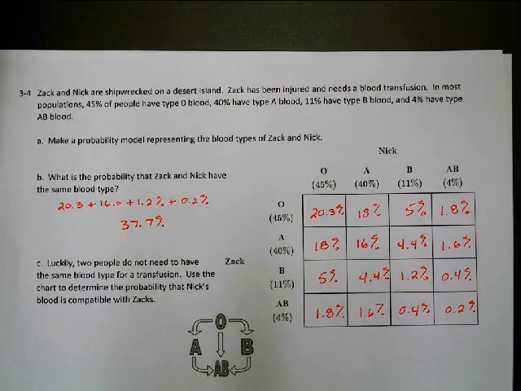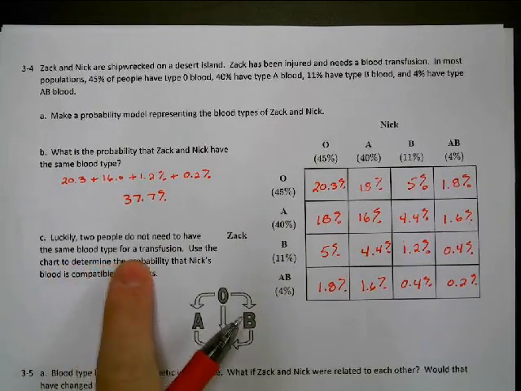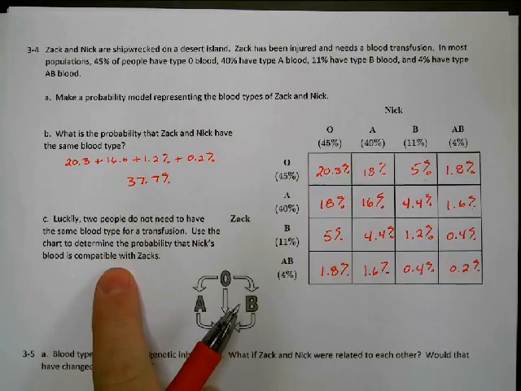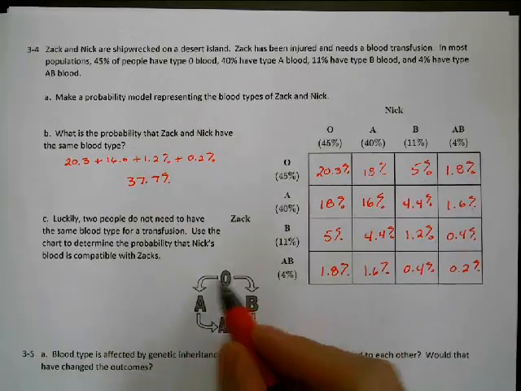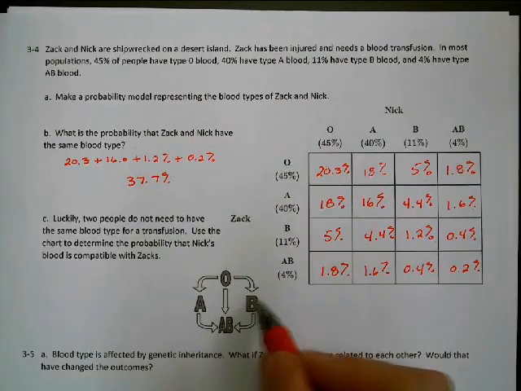Luckily, 2 people do not need to have the same blood type for a transfusion. The chart to determine the probability that Nick's blood is compatible with Zach's is right here. So O can be transfused into anybody. A can be transfused into A or AB. B can be transfused into B or AB. And AB can only go with AB blood.